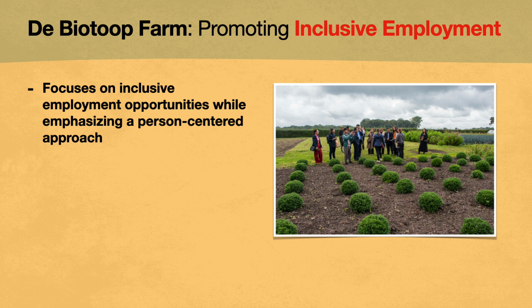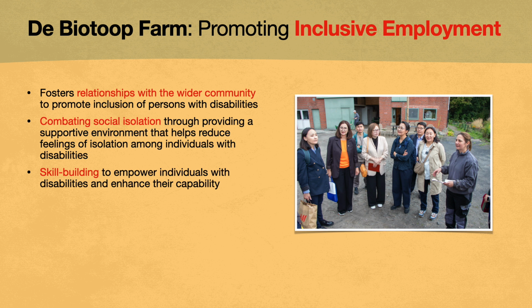Similarly, the Biotope Farm promotes inclusive employment opportunities for persons with mental disabilities through emphasizing a person-centered approach. The farm fosters connections with the wider community, combats social isolation, and emphasizes skill development to empower persons with disabilities.